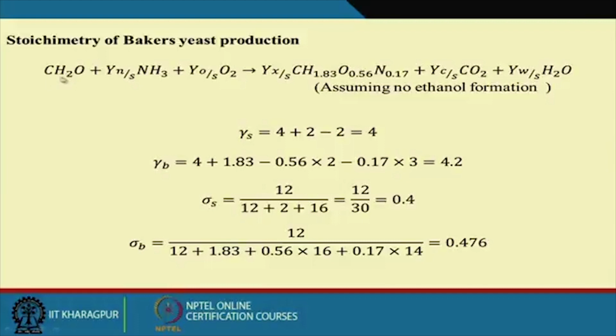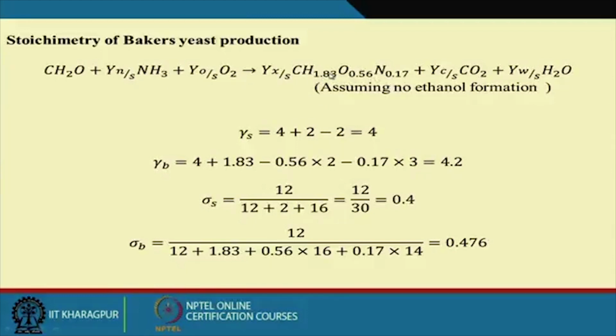So, it is C6H12O6 if you consider glucose, and if you divide by 6, you get the 1 gram atom of substrate. Then you require, let us assume, yn/S ammonia and yo/S oxygen. This gives yx/S cell mass.